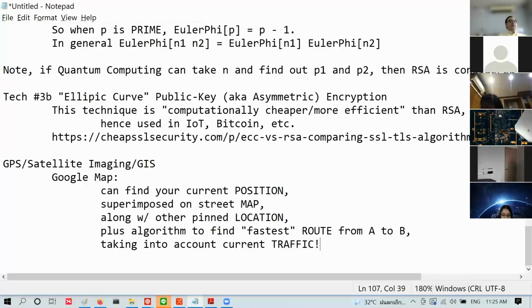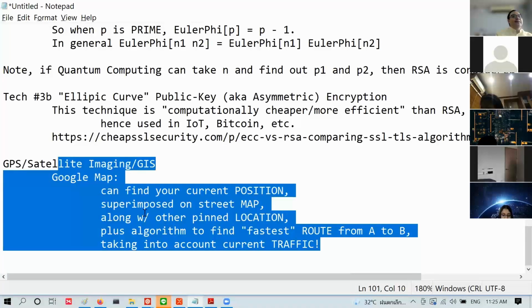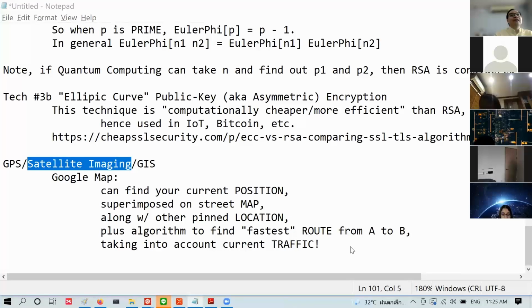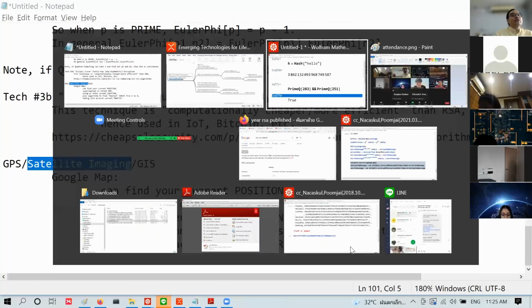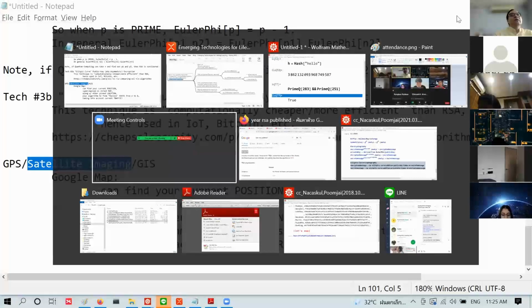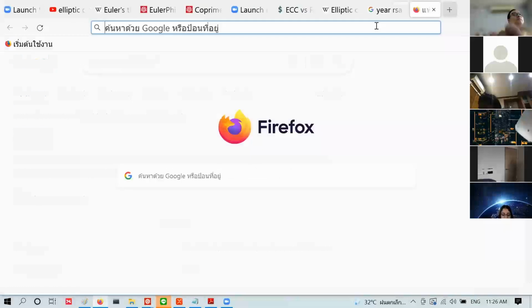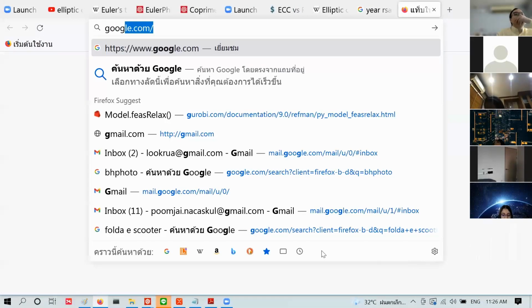So this, I don't need to tell you about this, right? You don't need satellite imaging, because when you go to Google Map, you don't need to see a real picture, but you certainly can. So let's go to Google Map. Basically, that's it. Simple, right?